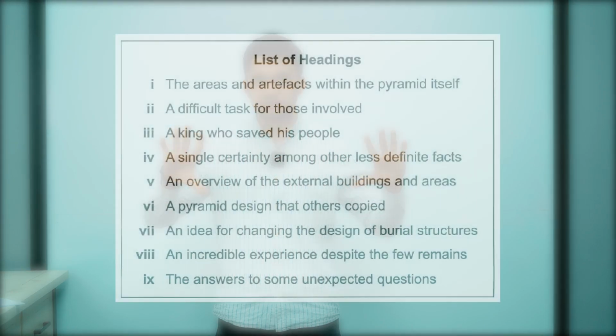Then you read that the pyramids of Egypt are not the only ones. Then you read that there is no question that everything started from the pyramid of Djoser, the king of some place or something like that. So you have 3 main ideas in your head. Then you go to the list of headings, and let's read it and choose together.